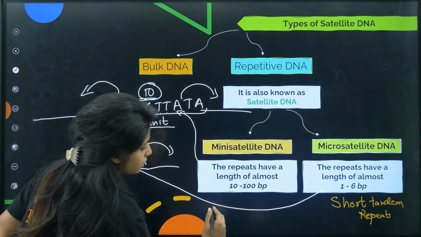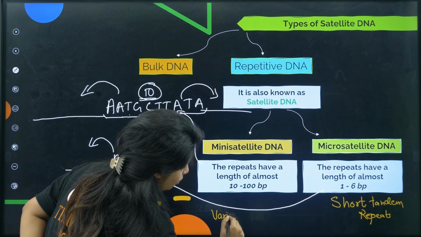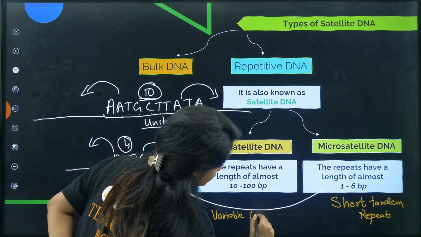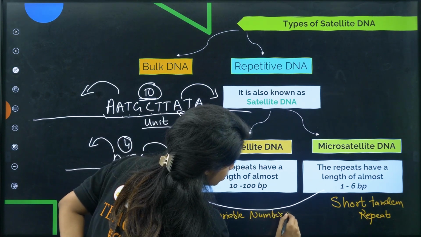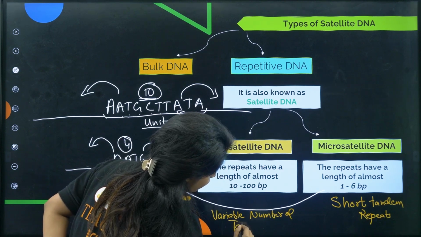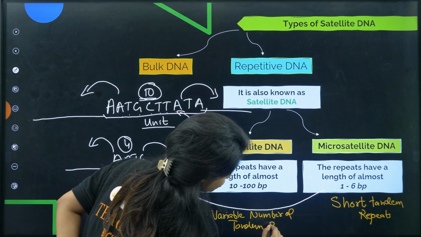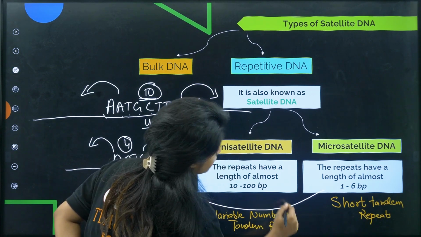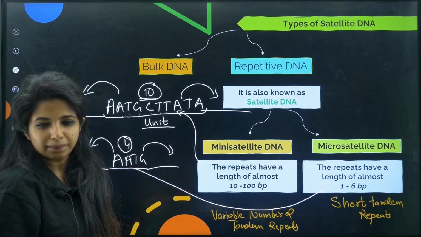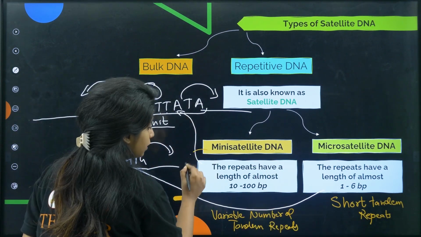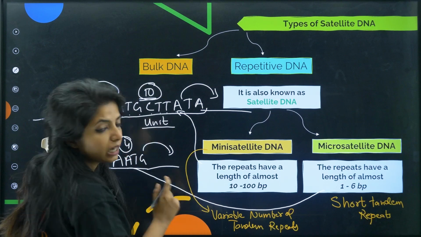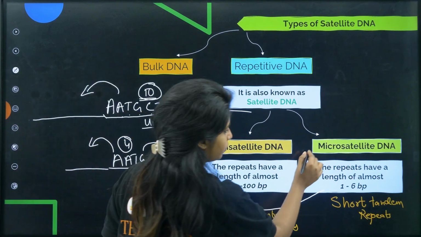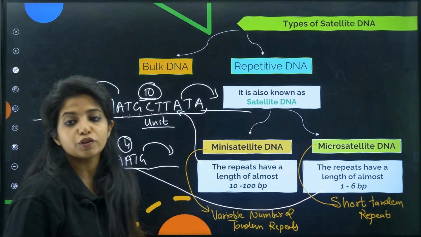Over here in this case, they are known as variable number of tandem repeats. I cannot say that mini satellites are exactly known as this, but mostly it is said that they are associated. Similarly, it is also said that these are associated.